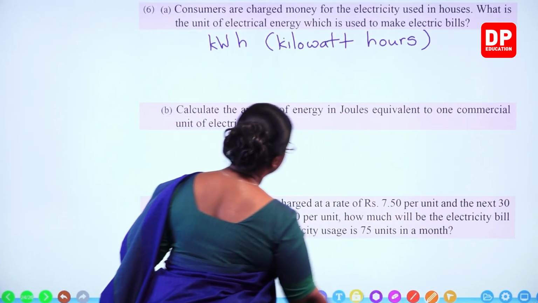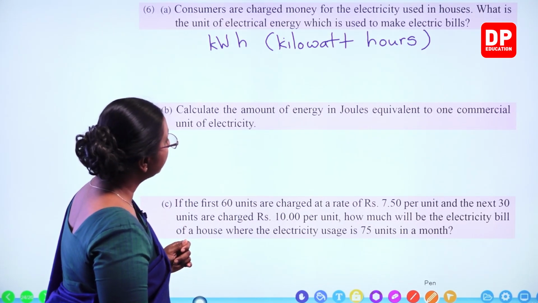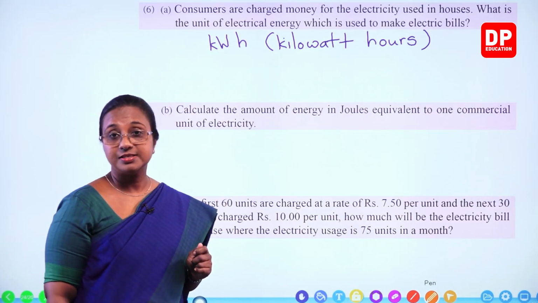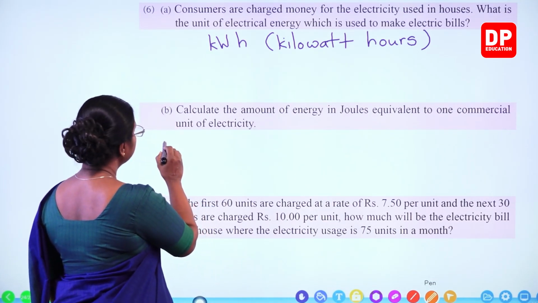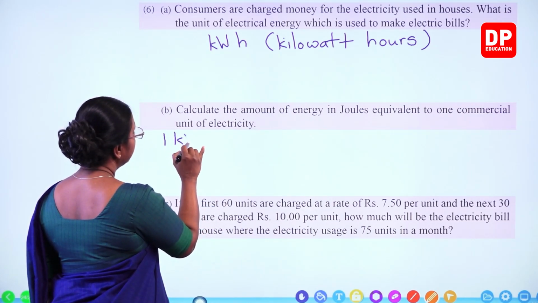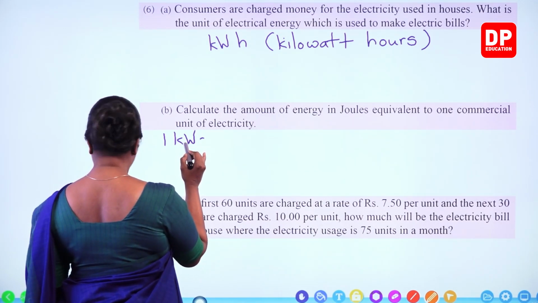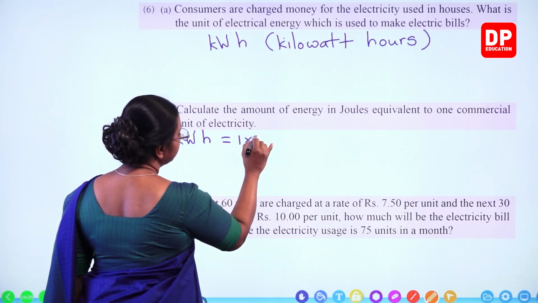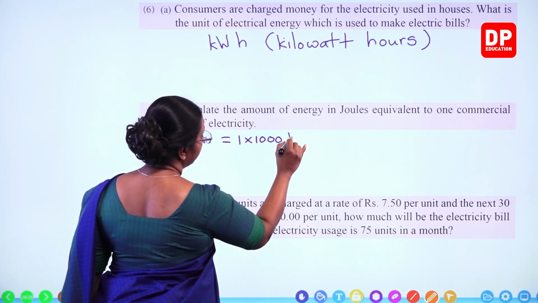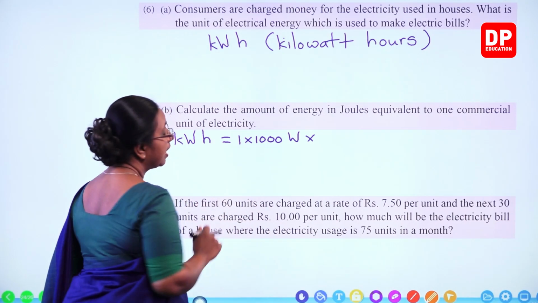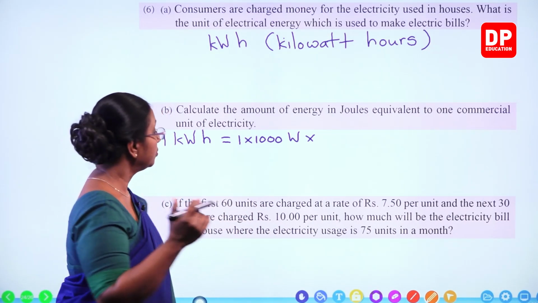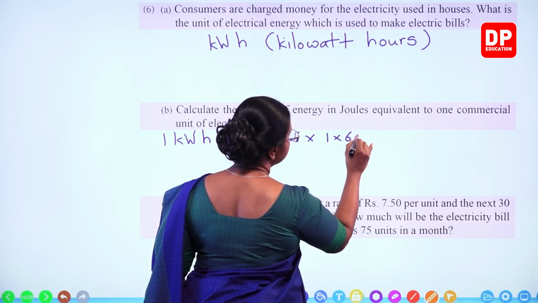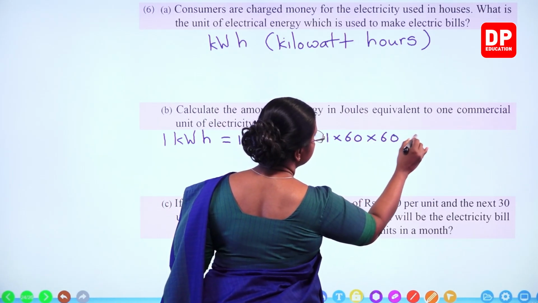Then, the next one. Calculate the amount of energy in joules equivalent to 1 commercial unit of electricity. So, 1 commercial unit of electricity, 1 kilowatt hour, that is equal to 1 into 1000 watts into hours have to be converted to seconds. So, that is going to be 1 into 60 into 60 seconds.